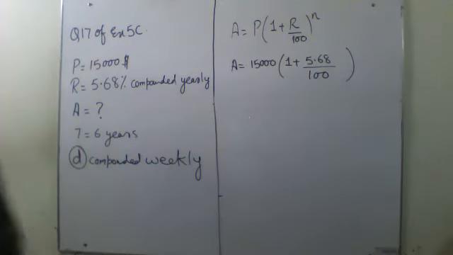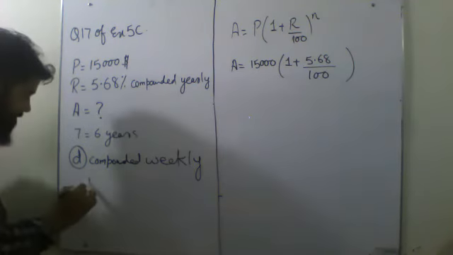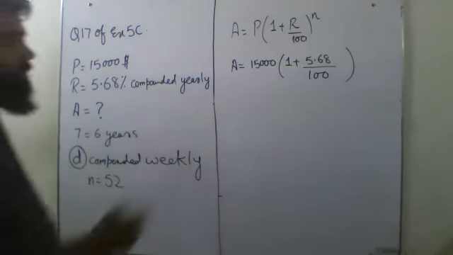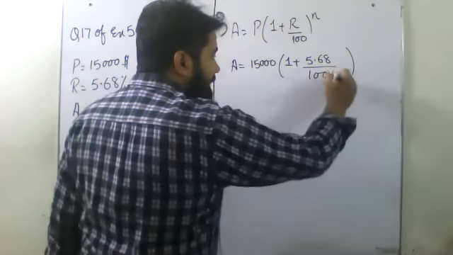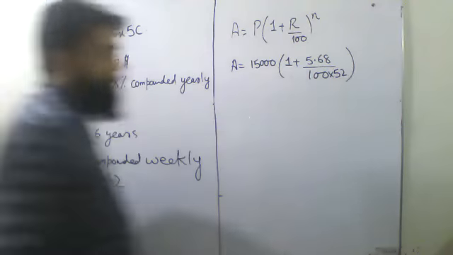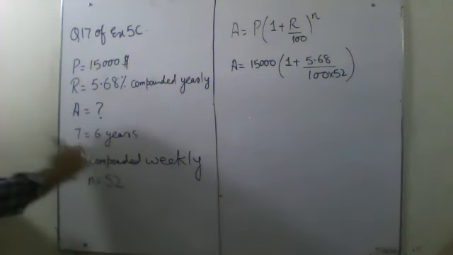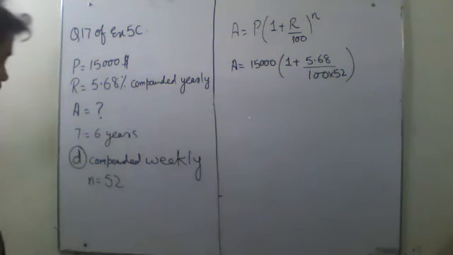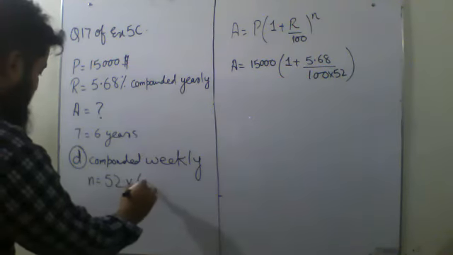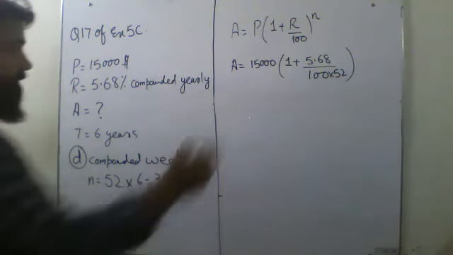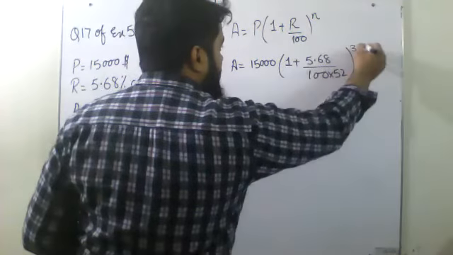Now I know that in a year I have got 52 weeks, so I will be dividing it by 52. And how many weeks will I have in the whole 6 years? For that, I'm multiplying it by 6, and my answer is coming 312, which will be written over here.